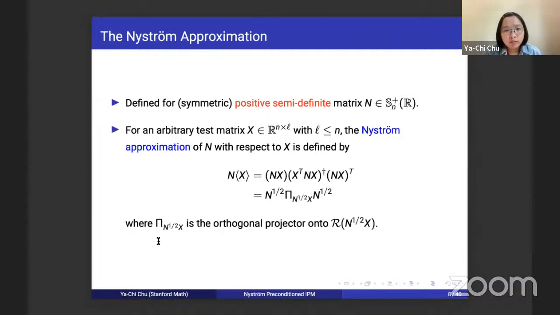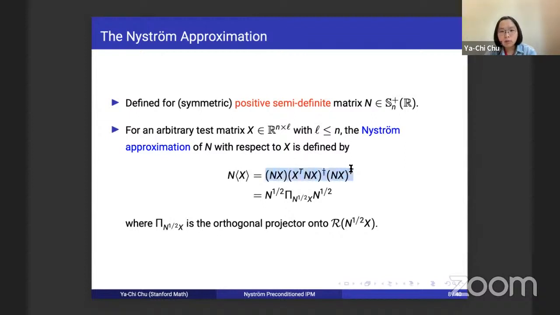The approximation is defined with respect to some test matrix X, and X here is an n by L matrix, where L is less than n. So X is actually a tall matrix. Usually L should be much smaller than the size of the original matrix. And the Nystrom approximation of N with respect to this small tall matrix is defined as this.